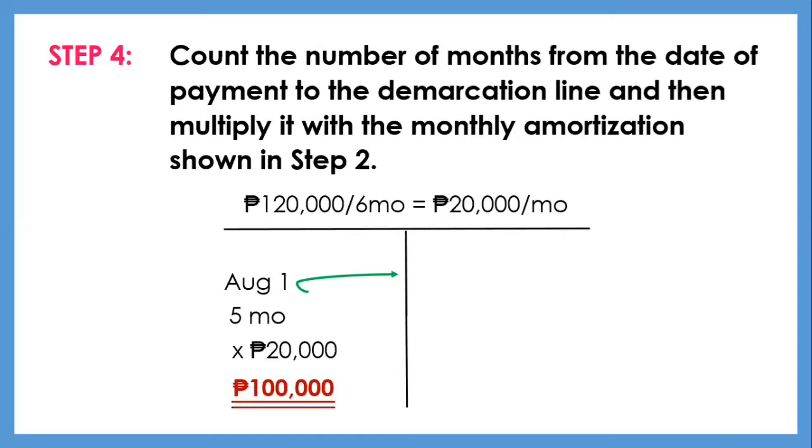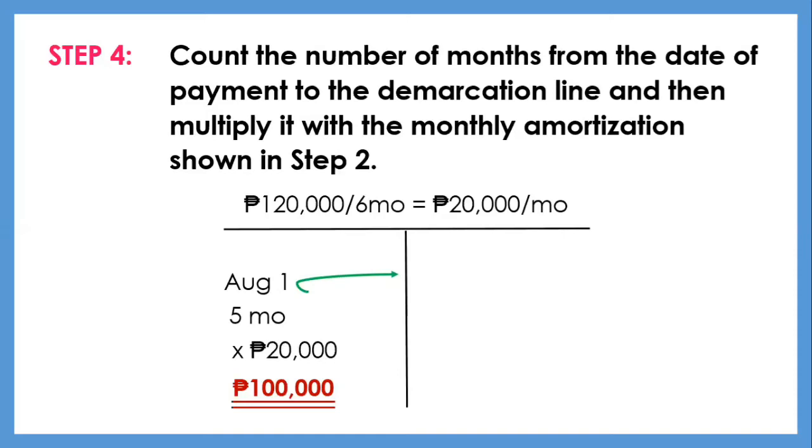We also have a total of 5 months from the date of payment to the demarcation line. We multiply this by the monthly amortization of 20,000 pesos, so 20,000 multiplied by 5 months becomes 100,000 pesos.